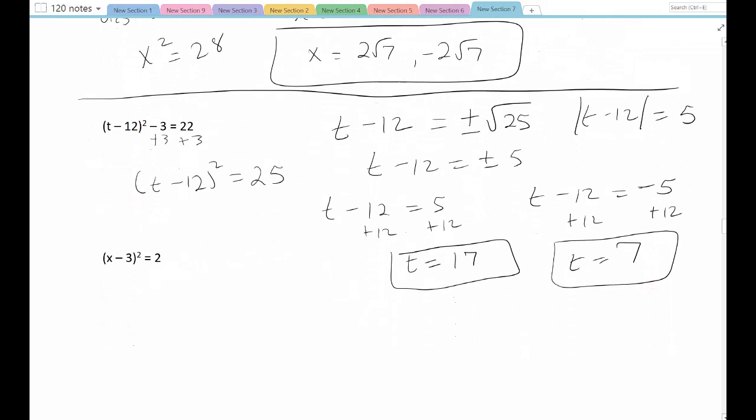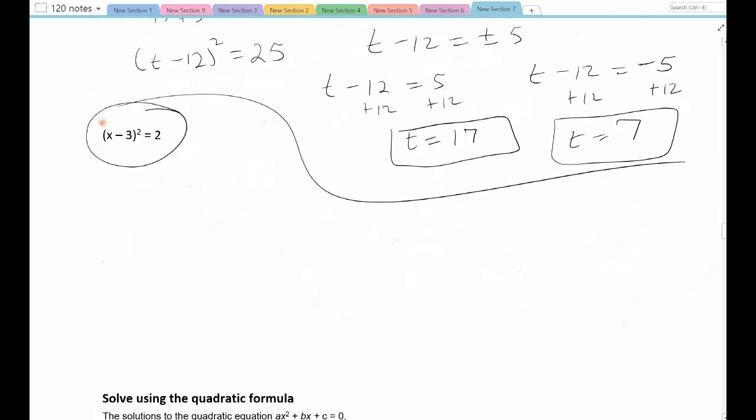So you get t equals 17. If you plug 17 in, you'd solve, and if you plug 7 in, you'd solve. Double check and make sure I didn't do anything silly. So t minus 12 equals the square root of 25, which is 5. T minus 12 equals 5. T minus 12 equals negative 5. Alright, I think I'm good.